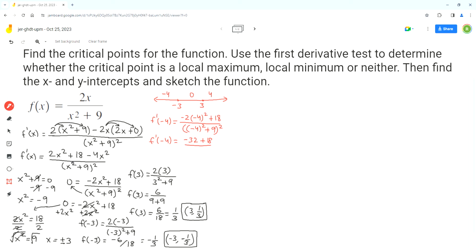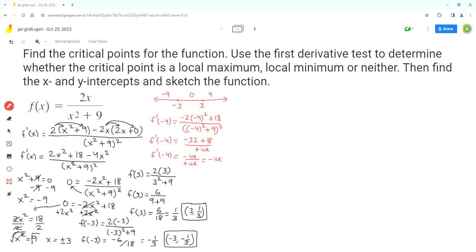Over. Now the result in the denominator will always be positive, we said. And the result in the numerator will be negative, because negative 32 plus 18 will give us a negative result. So f prime of x at x equals negative 4 will be a negative value over a positive value, which will give us a negative result.